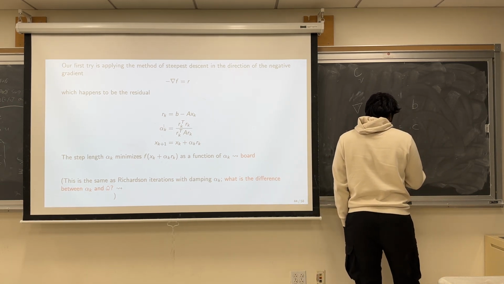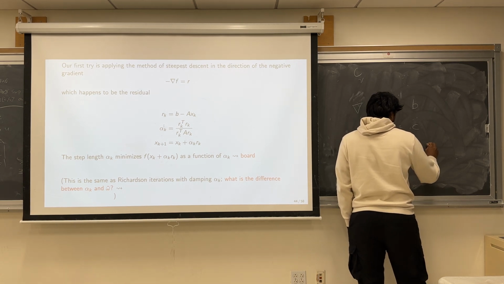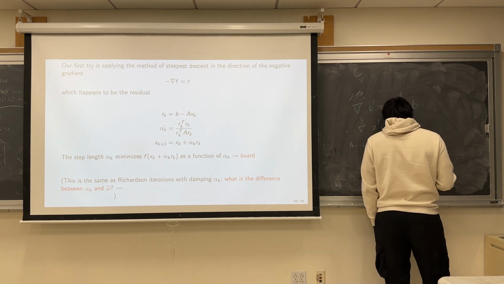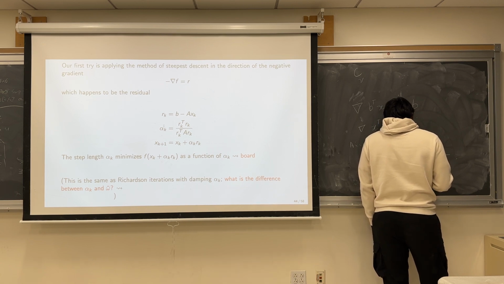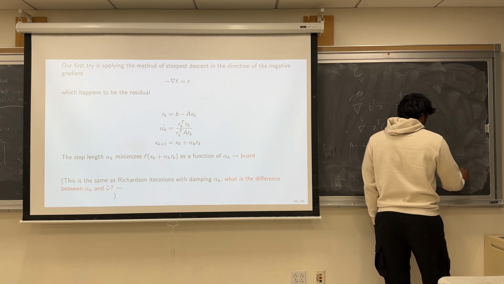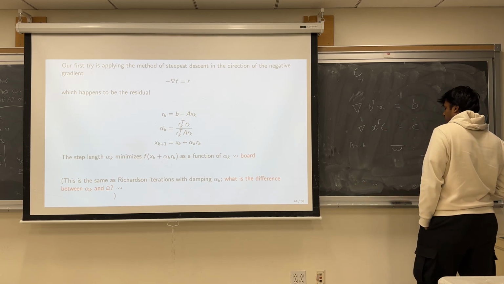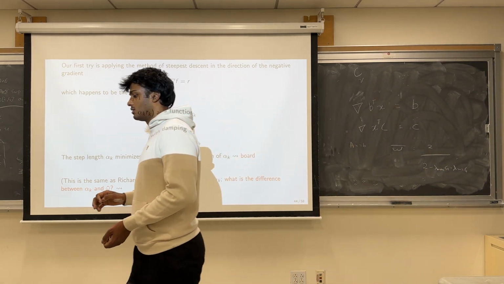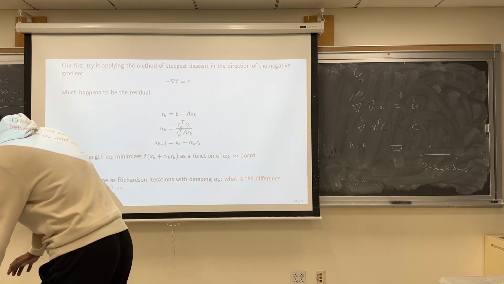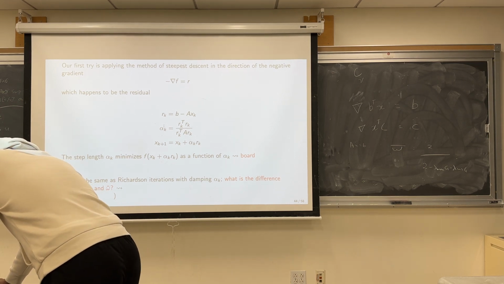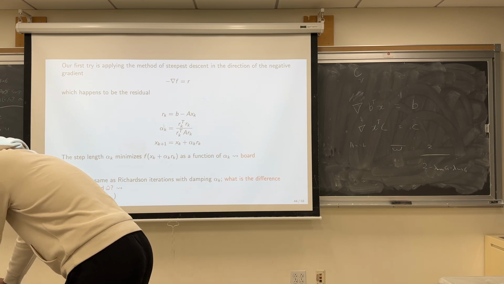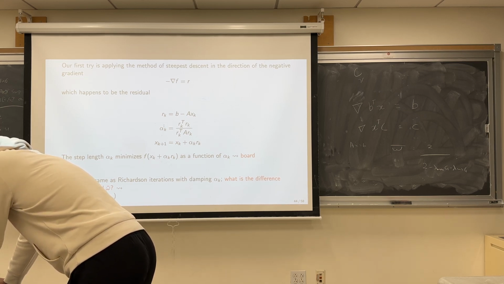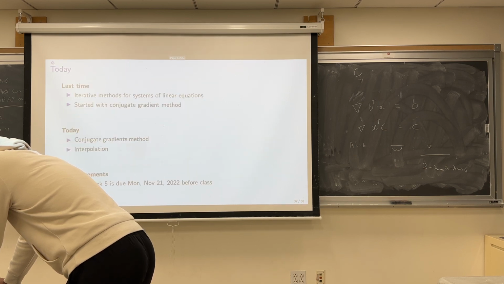For the Richardson method, my optimal damping was 2 divided by 2 minus lambda max of G minus lambda min of G, and both of these numbers are less than 1. Was this correct for Richardson?